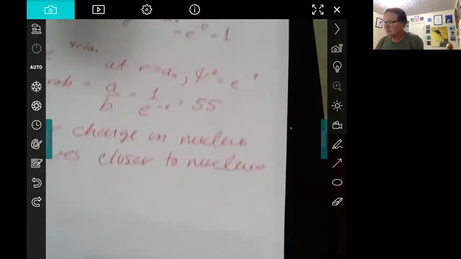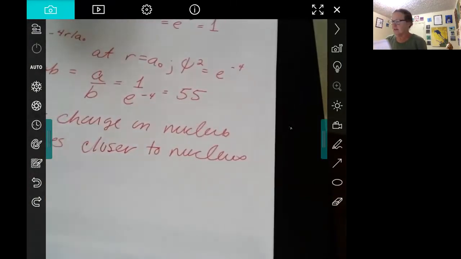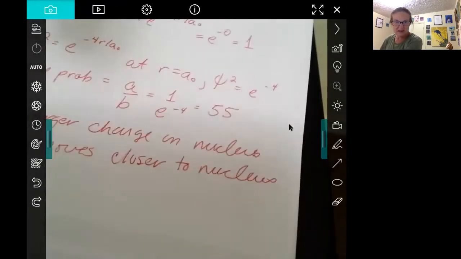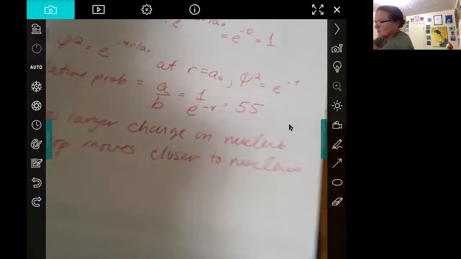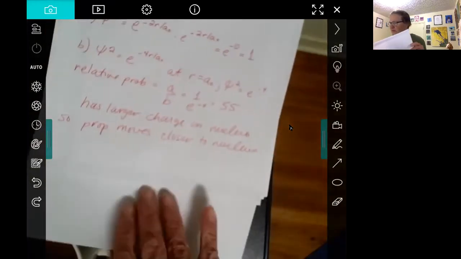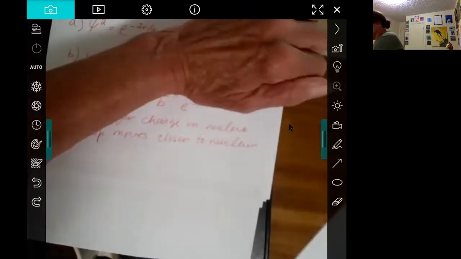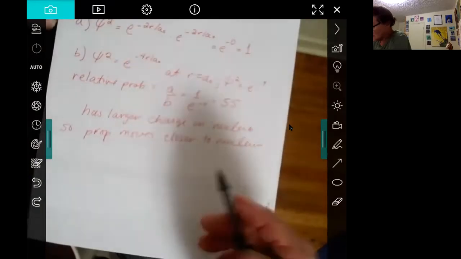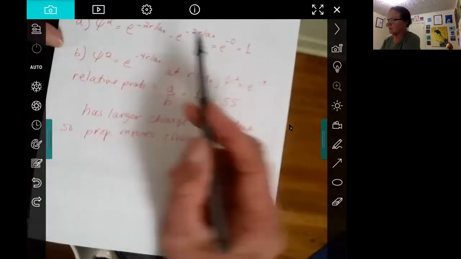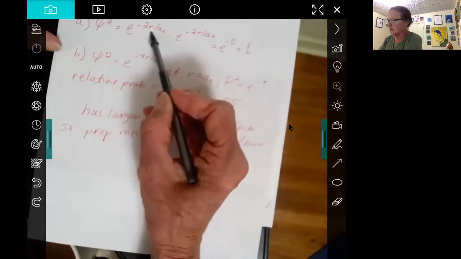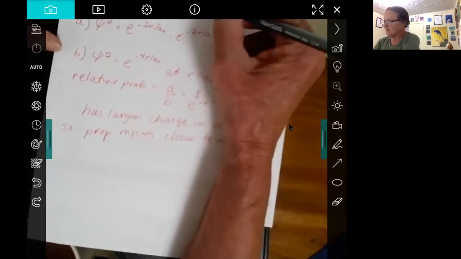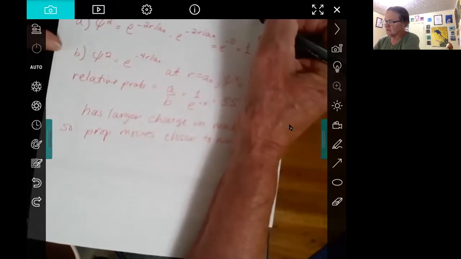So they want us to redo that problem, but now for a helium cation. A helium cation has a wave function that's the same functional form, but it's e to the minus 2r over a0. The 2 takes into account that if you have a helium nucleus, the charge on the nucleus is 2 instead of 1.